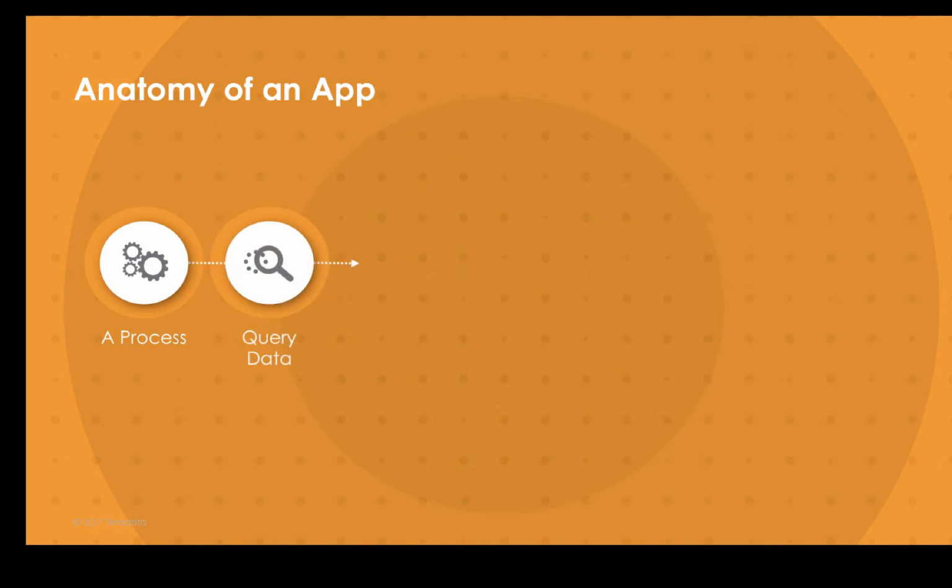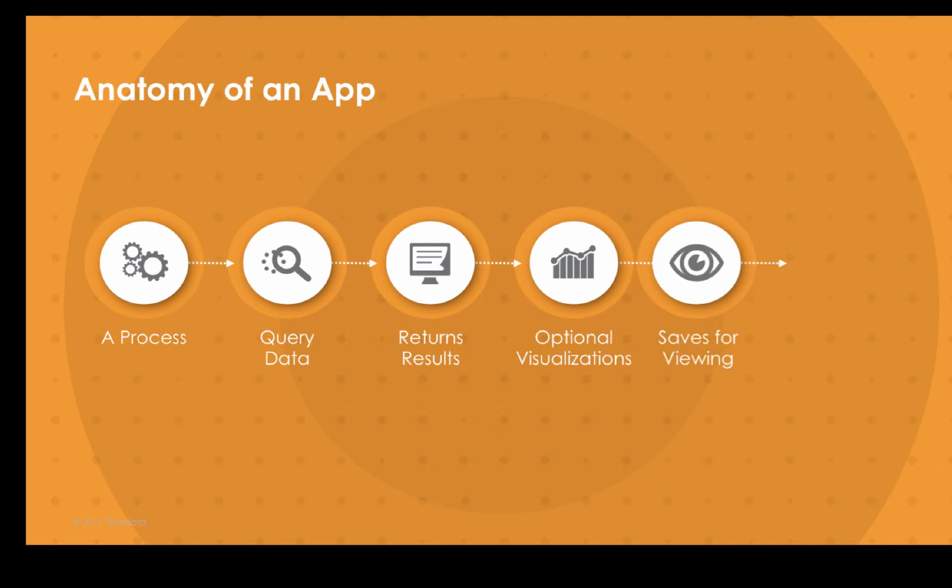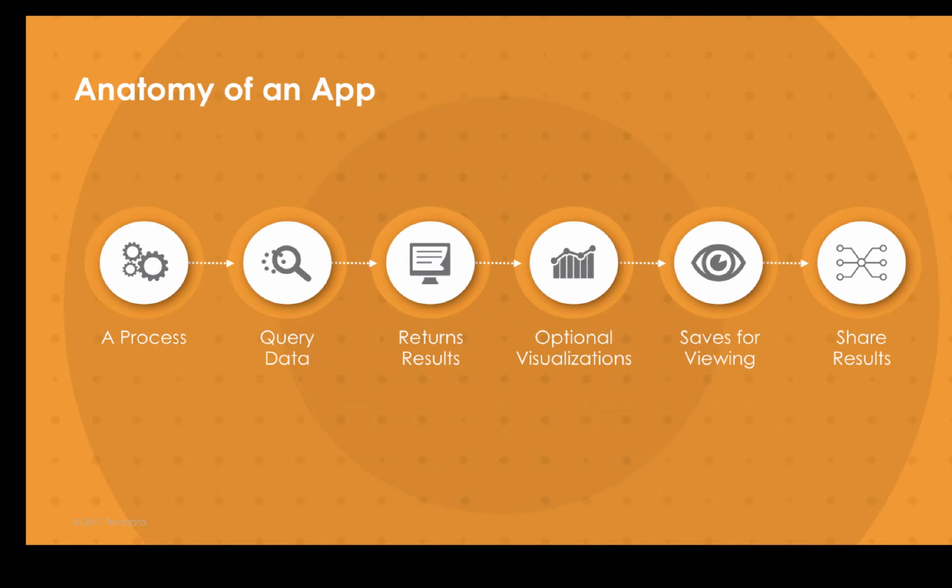architecture. So let's look at the anatomy of an app and what an app would specifically do within the Teradata AppCenter infrastructure. An app has a process that would query data. It has the ability to return those results, and then you have the optional choice of visualizing those results within AppCenter and saving those results for viewing and making those results available for different people within the company to access and share.